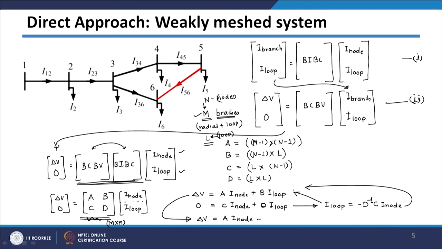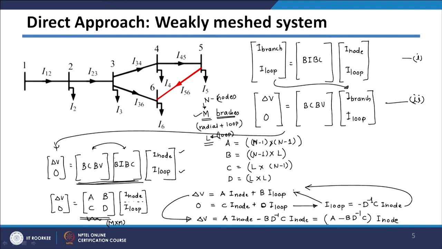So it will be minus B into D inverse into C I node. Taking I node common, A minus B into D inverse of C into I node.